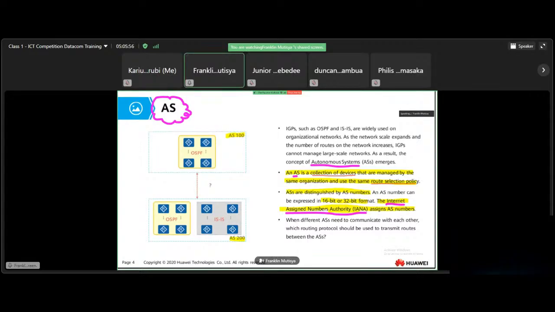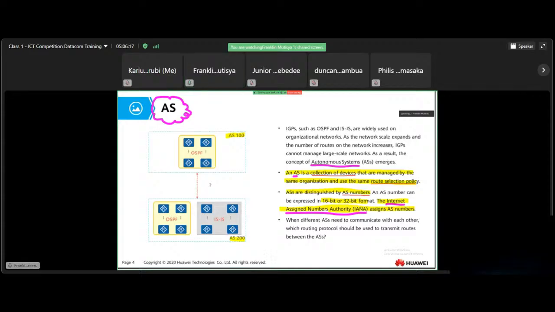To distinguish autonomous systems, we assign these groups of devices autonomous system numbers. For instance, you have organizations like Safaricom, which is a carrier network providing broadband services. We have companies like Airtel, Liquid Telecom, Seacom.